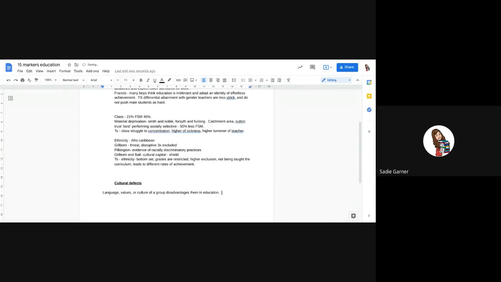This is a really kind of awful term, the word culturally defective, but it's the suggestion that the language, the values, or the culture of a group could disadvantage them in education.